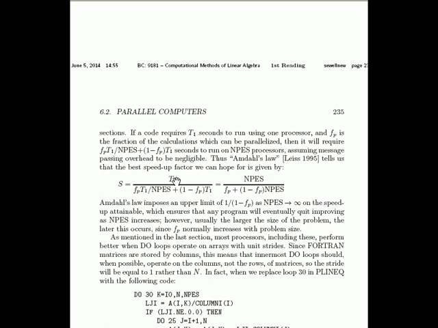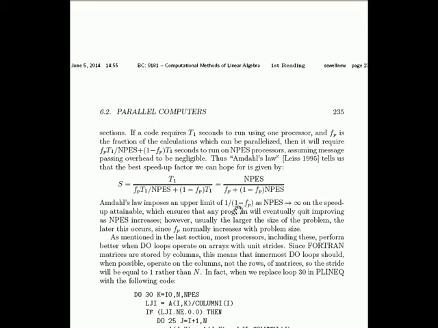So the amount of time on one processor divided by the amount of time on NPES processors, that's the speedup ratio, is this. And if you divide out the t1s and multiply by NPES, you get this. And you see, as NPES goes to infinity, if fp is fixed, if n is fixed, and you use more and more processors, then this approaches the limit of 1 over 1 minus fp, and you can't ever get past that no matter how many processors you use.